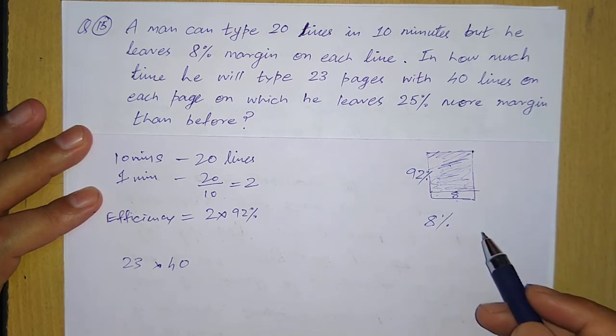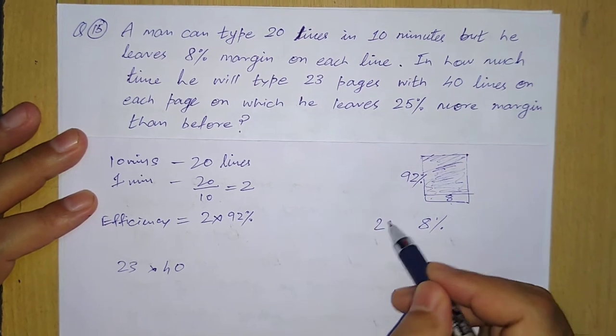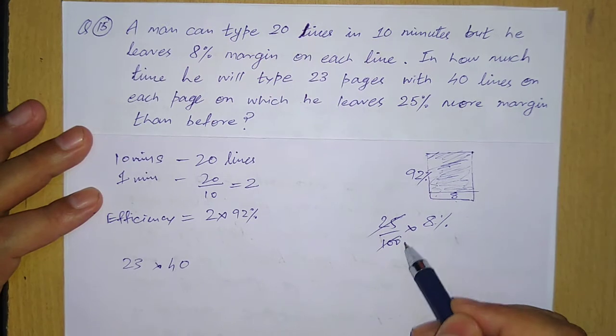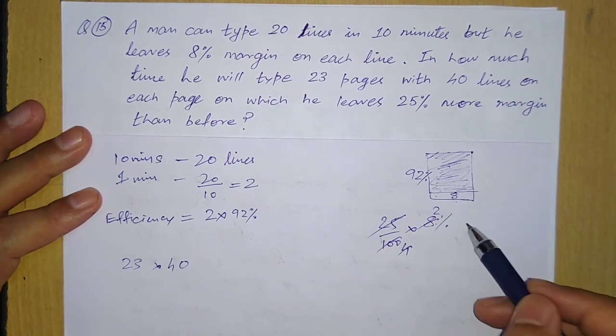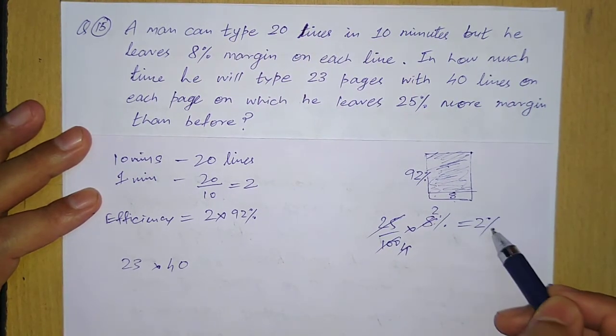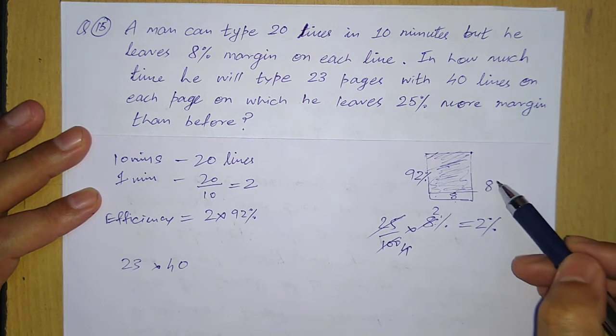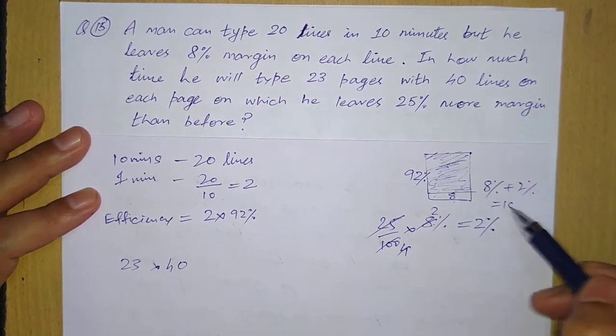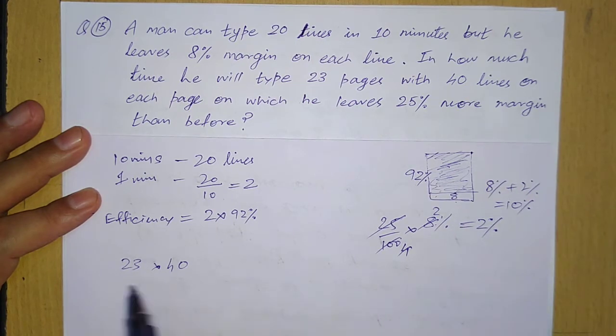Now he is leaving how much? 25% more. So 25% of 8 is 2% margin more. So earlier he was leaving 8%, now 2% more. So in total he is leaving 10% margin.